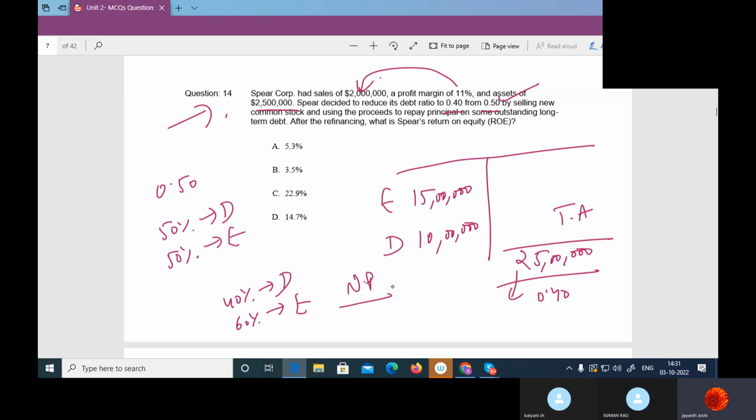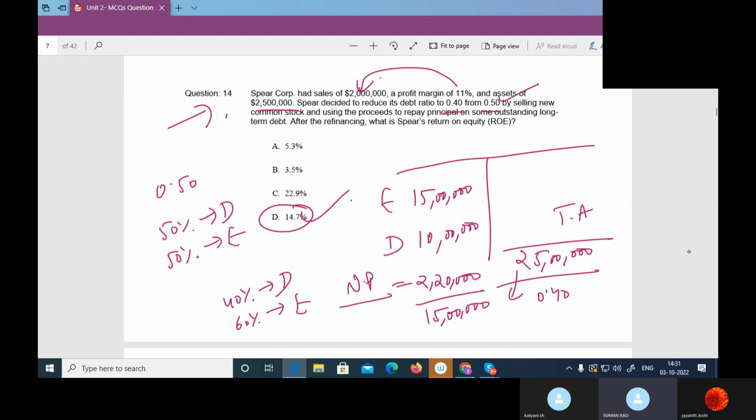That is 2,20,000. So 2,20,000 divided by equity of 15 lakhs gives 0.147, that is 14.7%. Now try to understand this. Any doubts, ask me please.